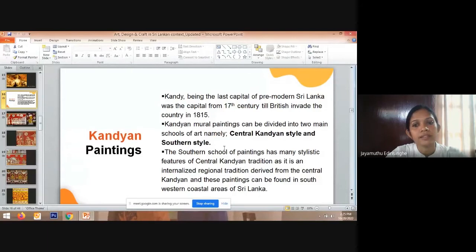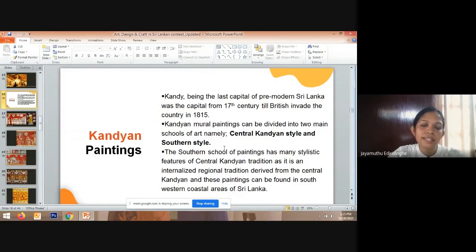Before that, Kandy was very prominent, and not only in art, but in other crafts as well. That period is considered one of the most prominent periods in Sri Lankan art and craft history, because it evolved and changed a lot in that particular period.